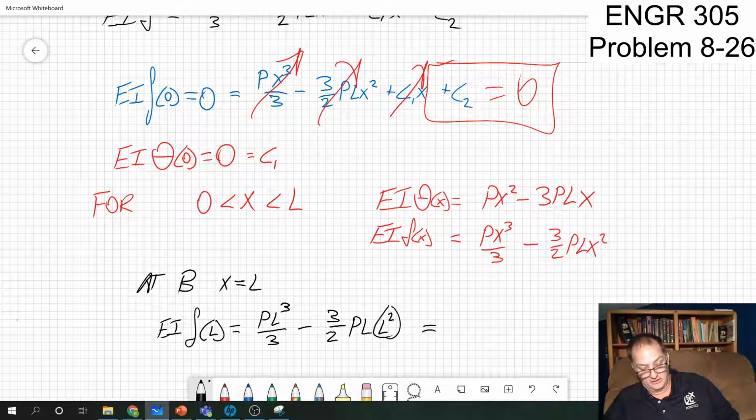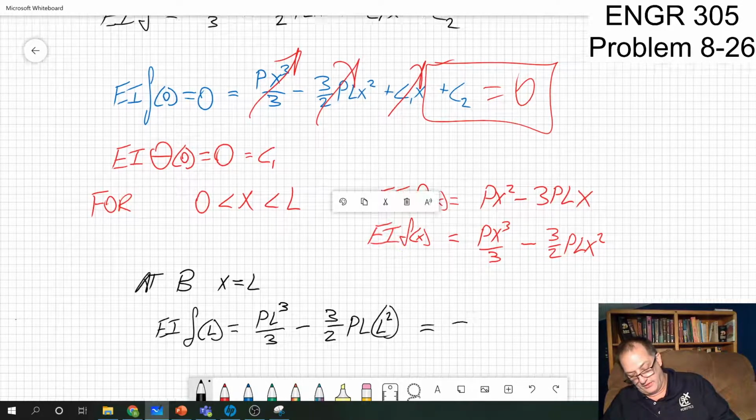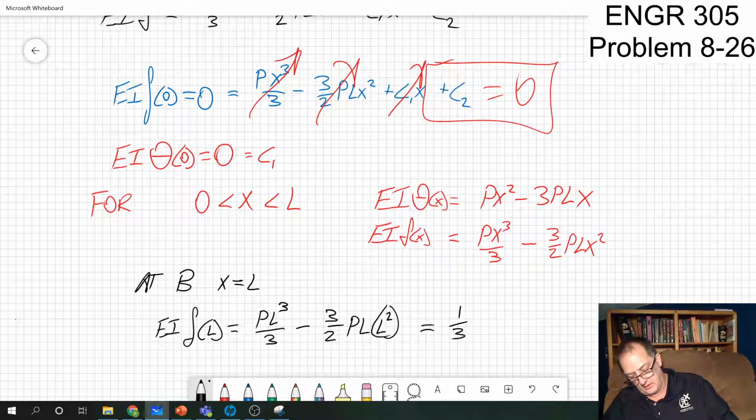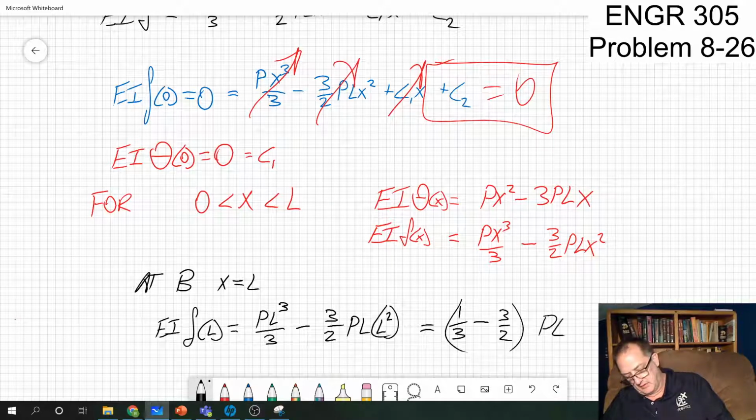So that's equal to 1/3 minus 3 halves PL cubed.